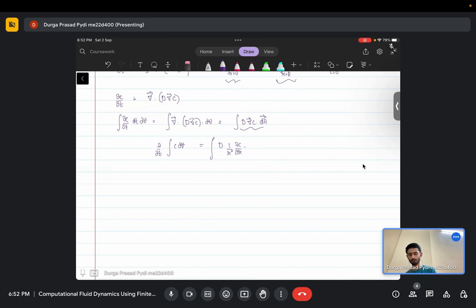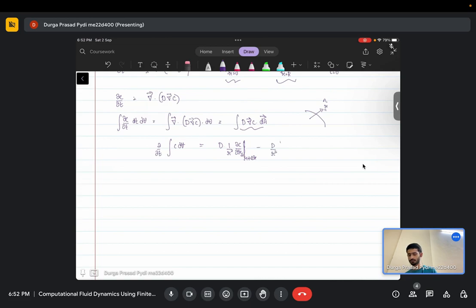Like previously discussed, this is your r cap direction. If you are going in your r cap direction, what will be your unit surface area? For a sphere, if you are integrating from one cell to the next cell, it will be something like this.